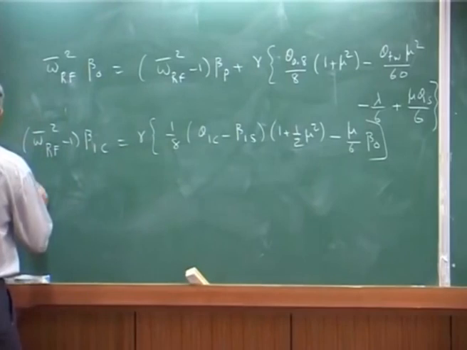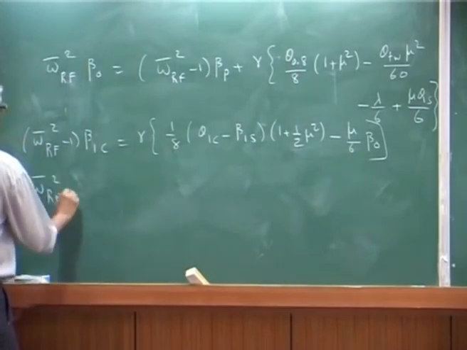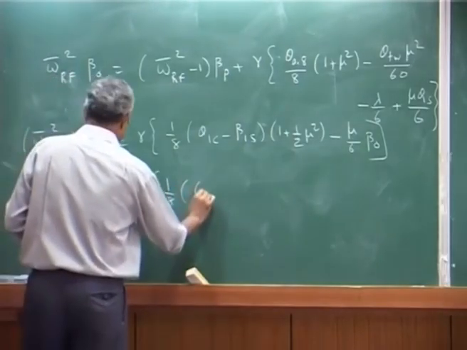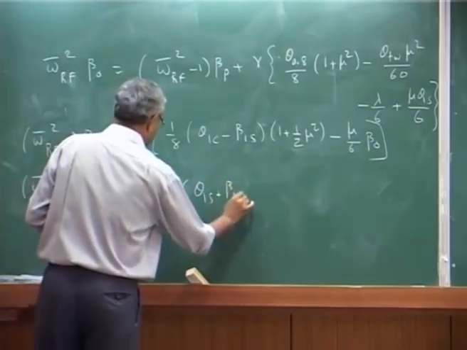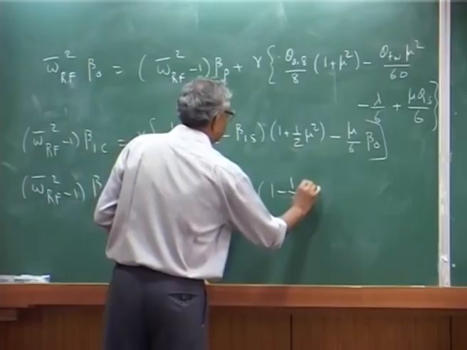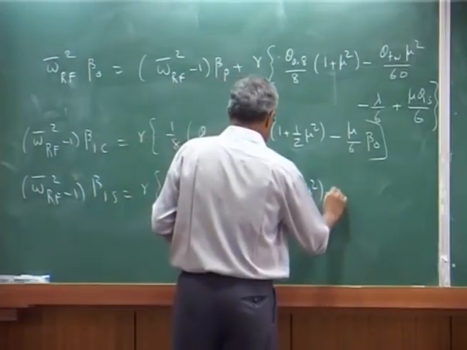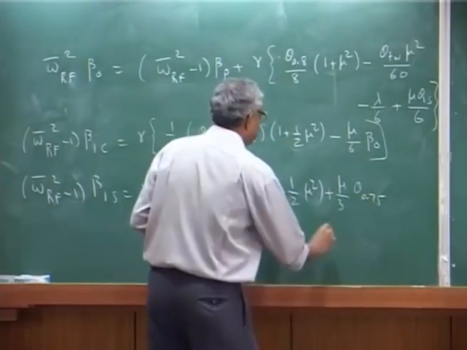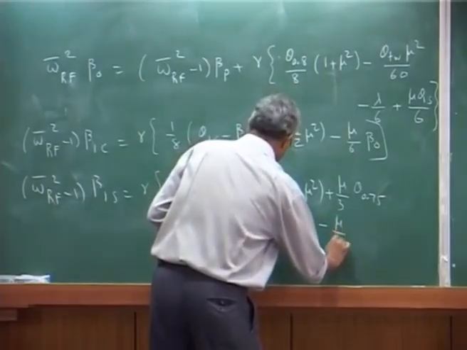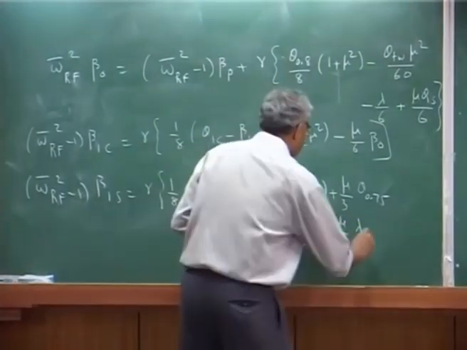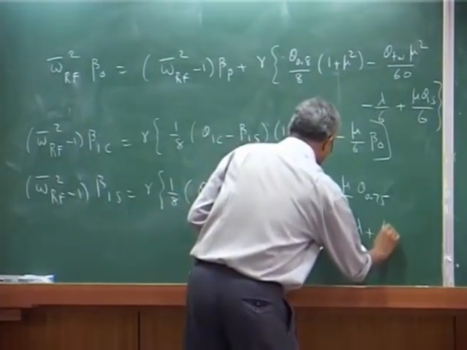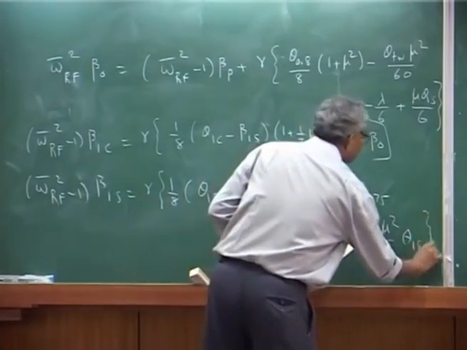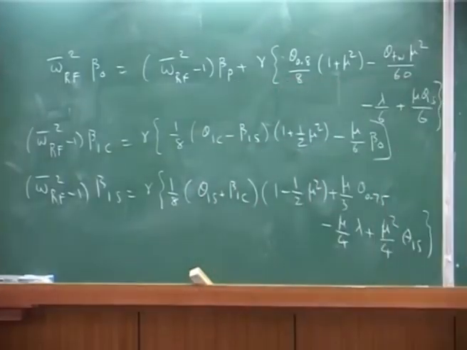And then the next one is omega bar RF square minus 1 beta 1s is gamma 1 over 8 theta 1s plus beta 1c into 1 minus half mu square plus mu over 3 theta 0.75 minus mu over 4 lambda plus mu square over 4 theta 1s.